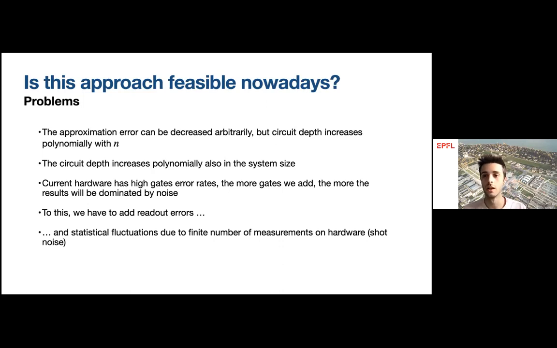We know that every quantum algorithm is intrinsically statistical, based on the fact that we measure the qubits multiple times to get the coefficients of the state, if we want to reproduce it. We cannot access the whole wave function at once, but we have to do it a finite number of times, so we have a statistical fluctuation. So we have the Trotter error, the gates error, the readout error, and the statistical fluctuation.